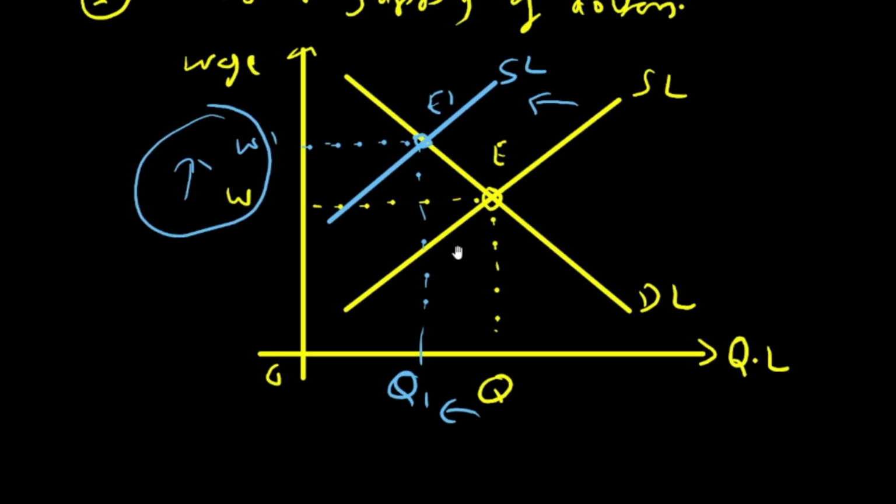The explanation of this graph will be, you can say that as per this figure, initial equilibrium is at E in the labor market for doctors, wage rate is W, employment is Q. Due to fallen supply of doctors, supply will shift to the left from SL to SL1. New equilibrium will take place at E1, where wage rate will increase to W1 and quantity employed will fall to Q1. So doctors may be earning more because of their lower supply as compared to the teachers.